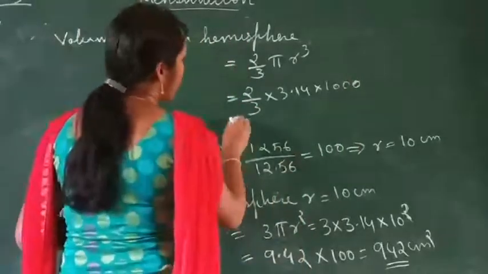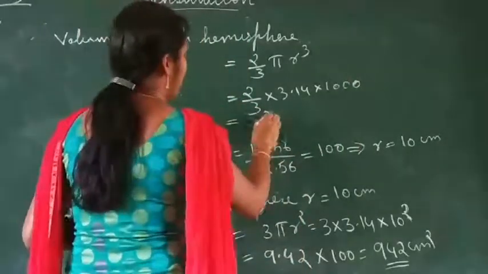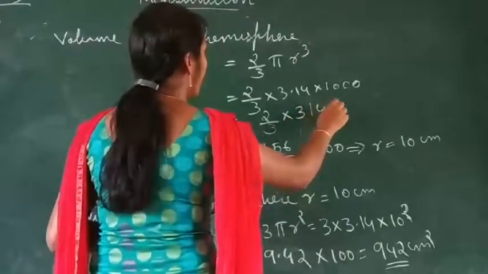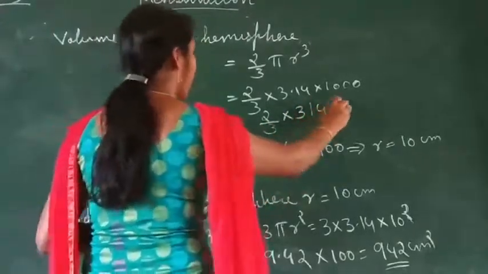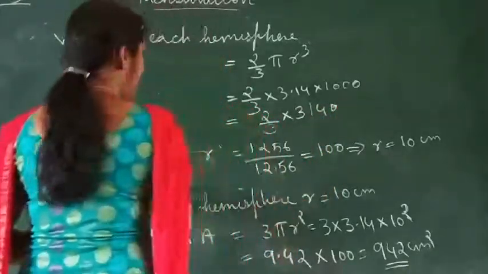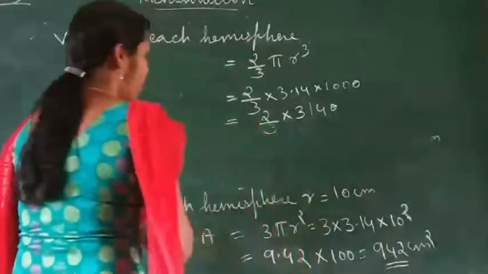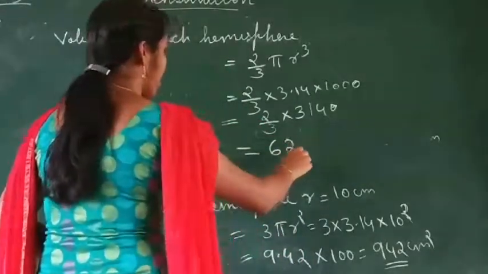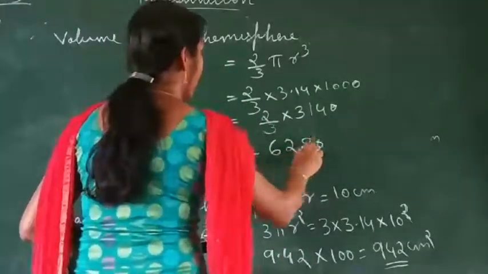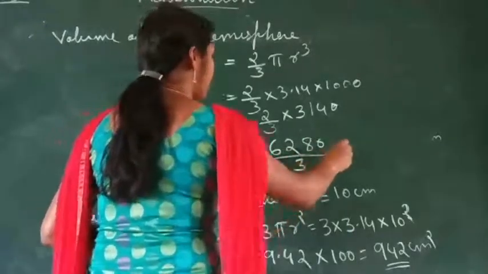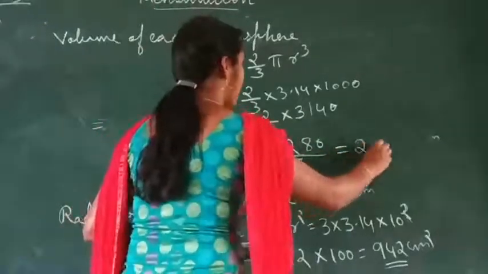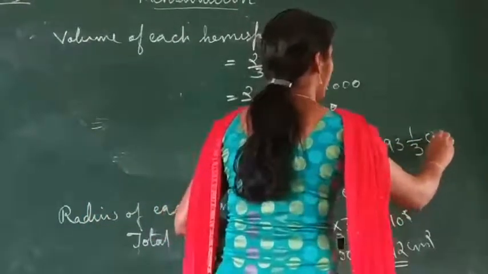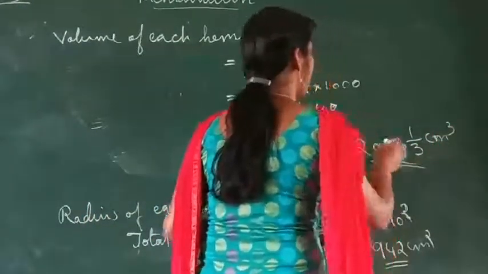That is equal to 2/3 into 3140. On multiplying it, we get 6280 divided by 3, that is equal to 2093 1/3 centimeter cube. This is the volume of each hemisphere.